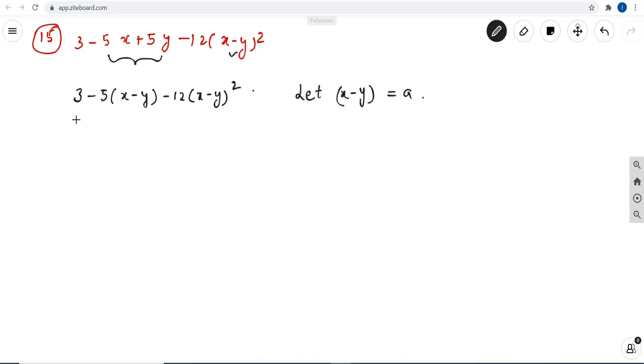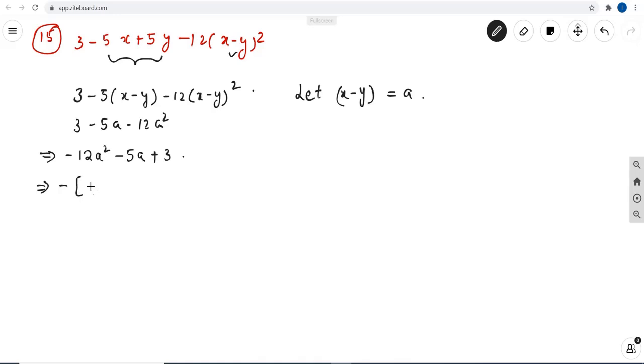So if I substitute, 3 minus 5a minus 12a square. Okay, so if you want, you can solve it as it is, or you can rearrange this equation. If you rearrange this equation, this becomes minus 12a square minus 5a plus 3.